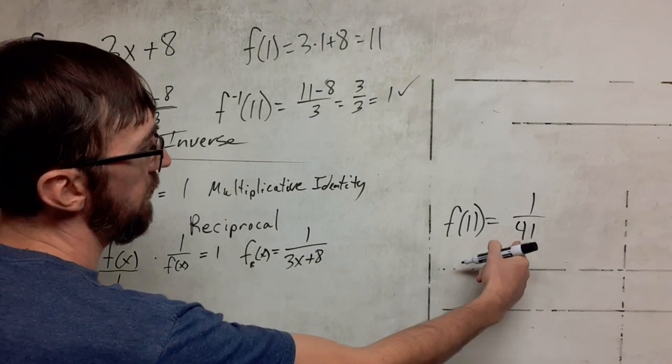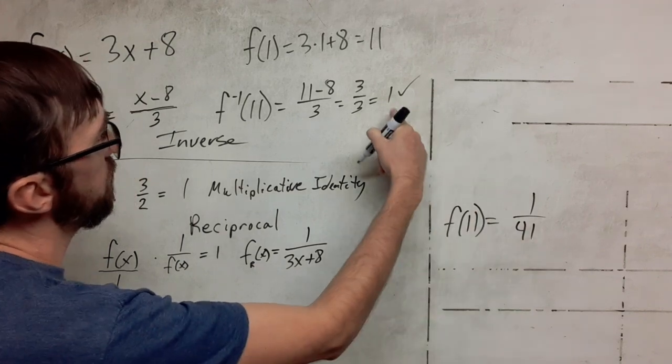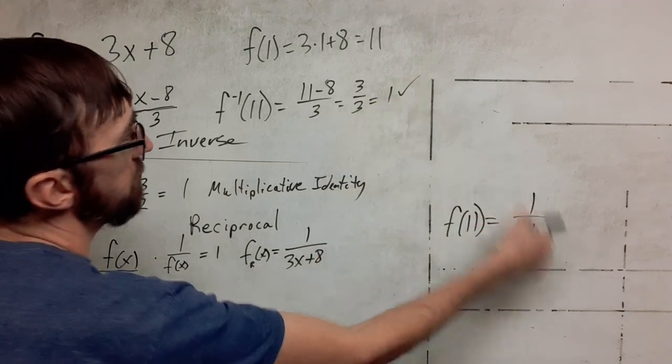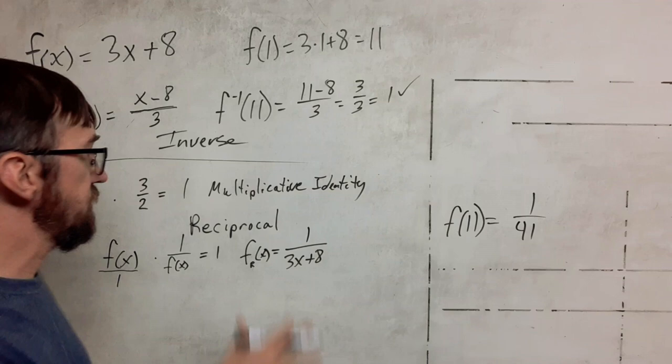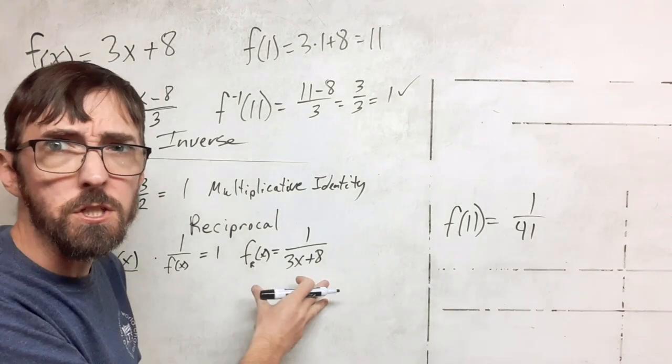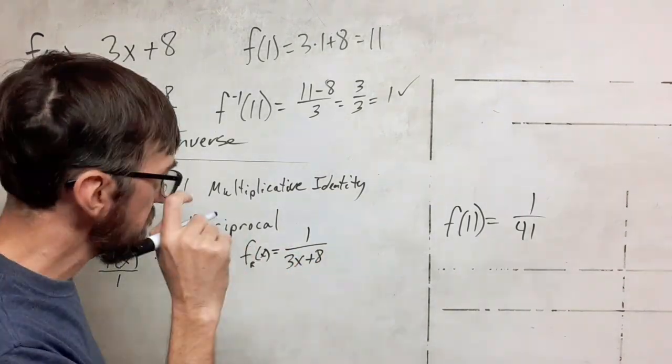So the output here is 1 over 41. The output up here was 1. Definitely different outputs. So this is a completely different function that I have here.